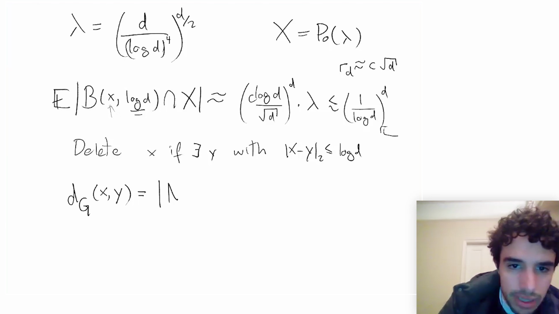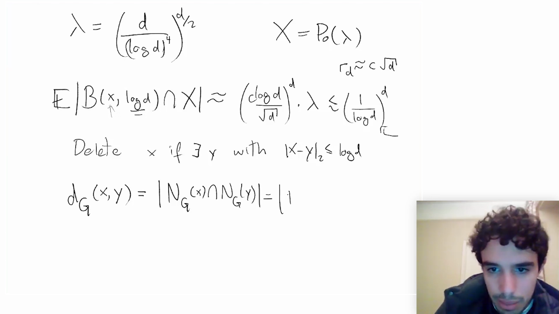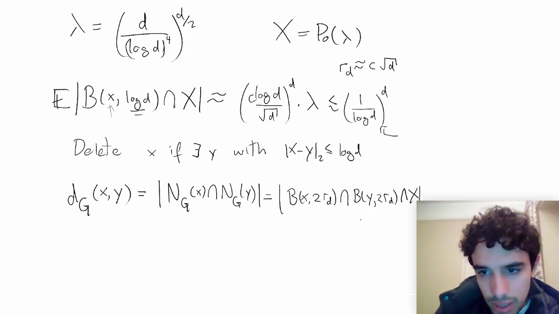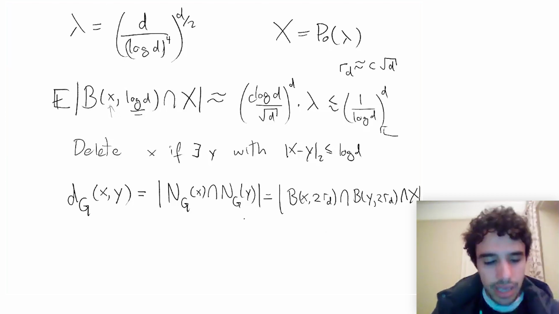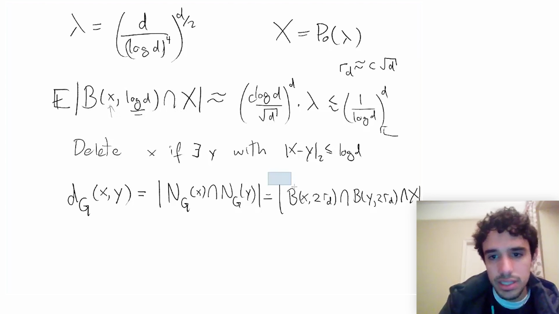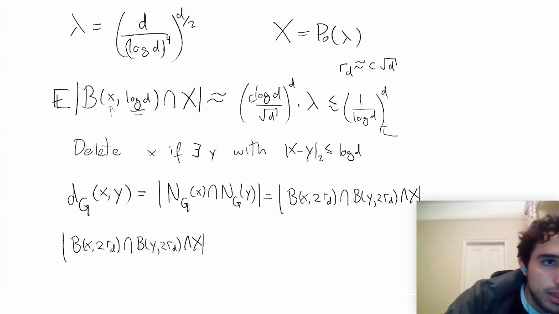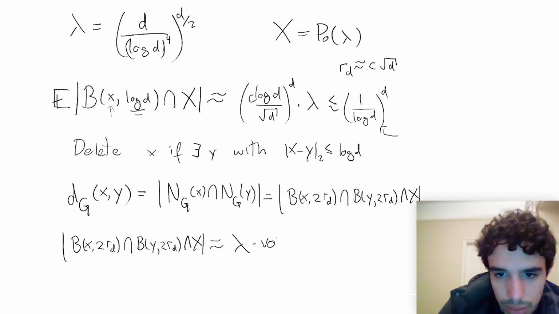Well, this is just the size of the neighborhood of x intersection the neighborhood of y, which is the size of the ball around x of radius 2r_d, intersection the ball around y of radius 2r_d, intersection with our points X. The expectation of this is around its volume, so we need to compute the volume of this thing. It is basically lambda times the volume of the intersection.